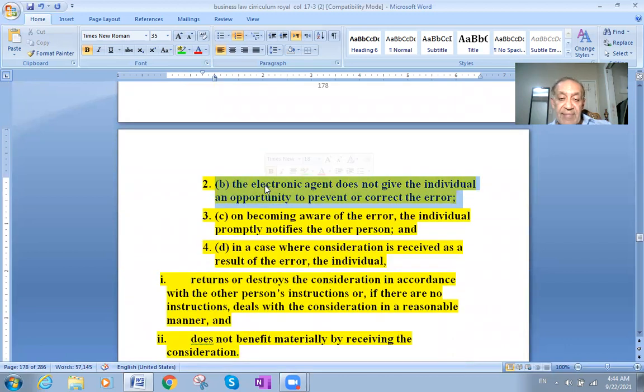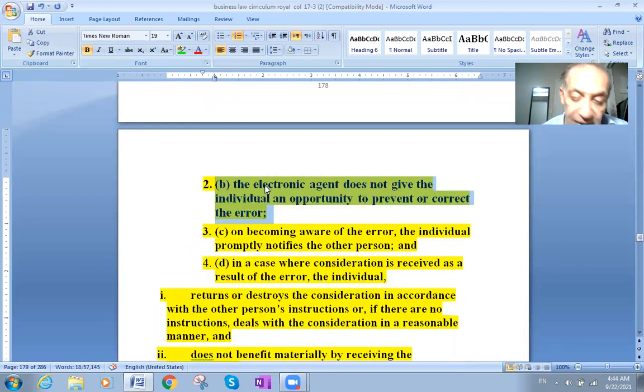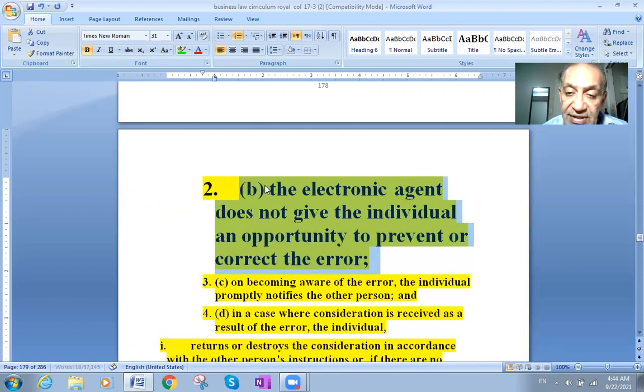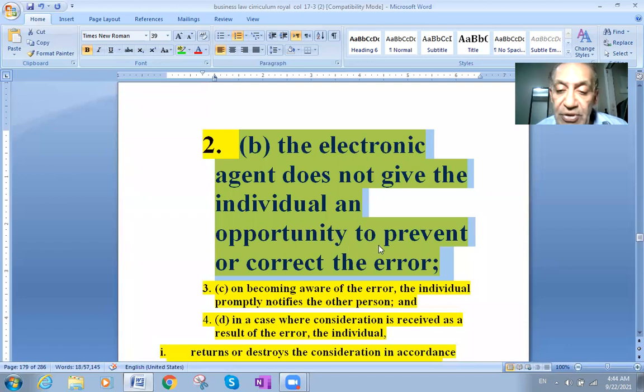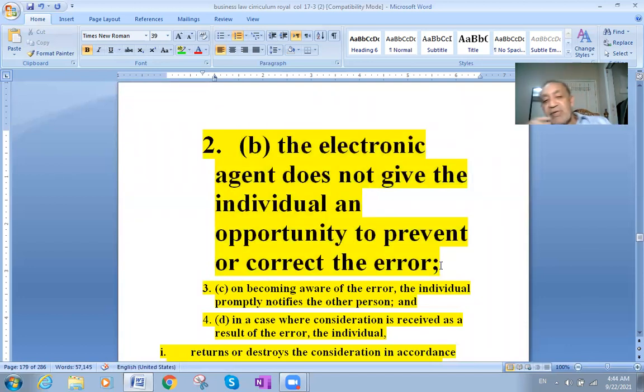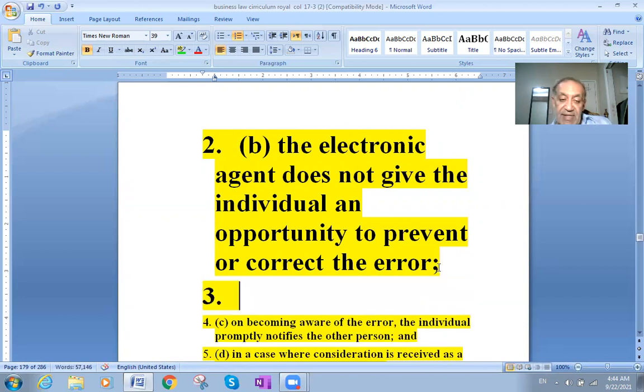Second thing, the electronic agent does not give the individual an opportunity to prevent or correct the error. Okay, this is the second case.